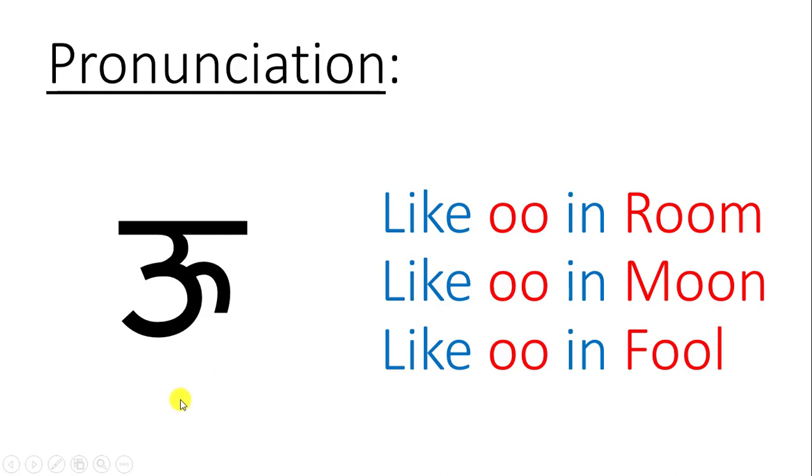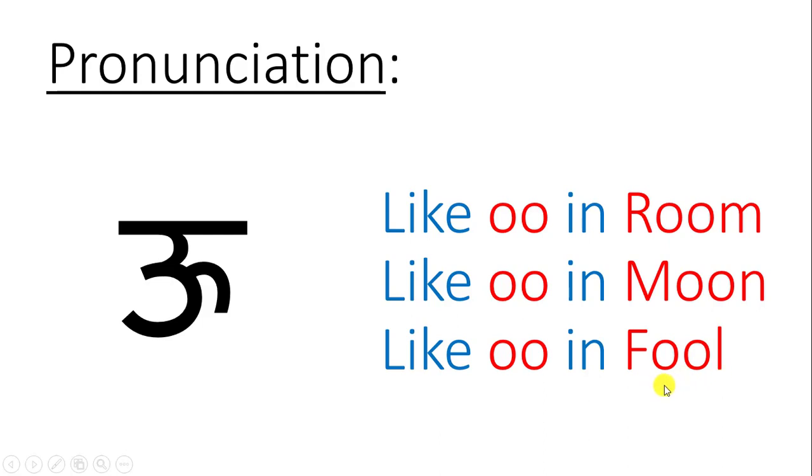Next is the dragged version of the previous vowel, oo. And it is pronounced like the double o in room. Room. Or like the oo in moon. Moon. Or like the oo in fool.